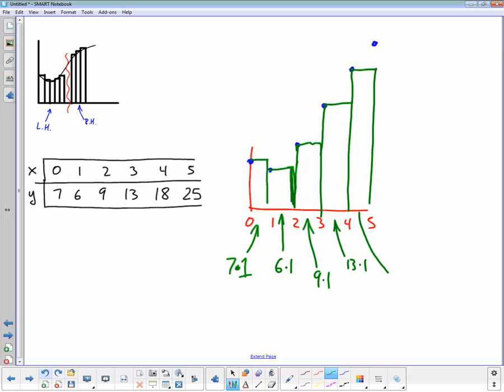And then 18. That's what my left-handed endpoint Riemann sum would look like. Because I'm just summing up all of these little rectangles.